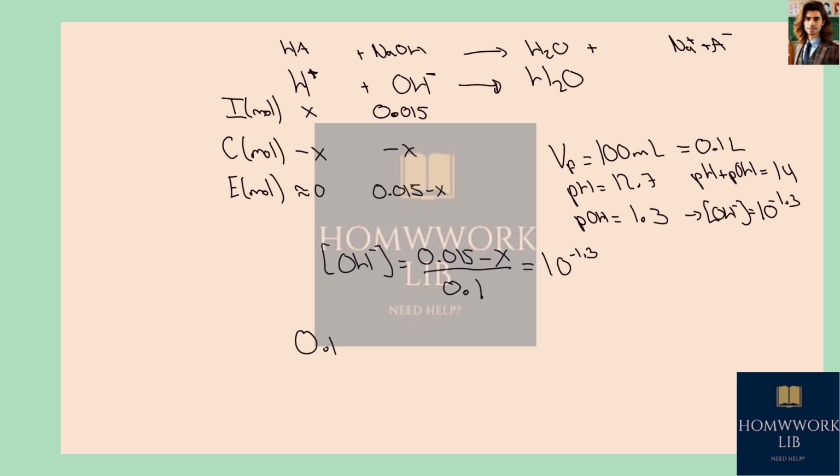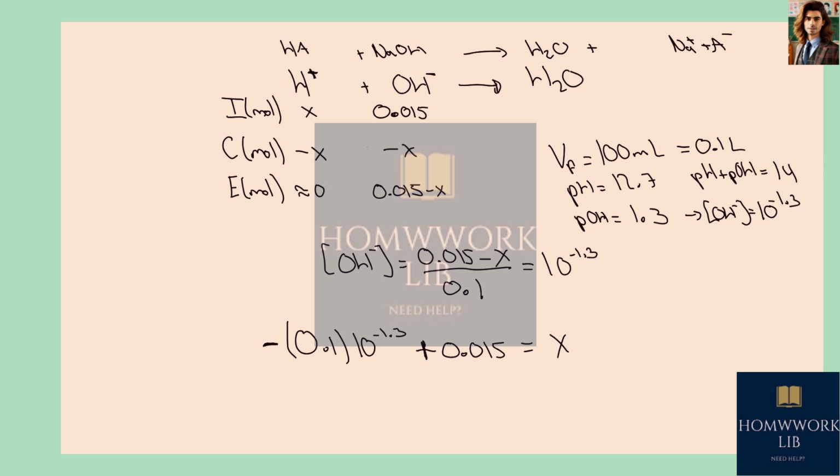So 0.1 times 10 to the minus 1.3 minus 0.015 is going to be equal to minus X, but we can plug all of this in like this and change the signs on both sides.